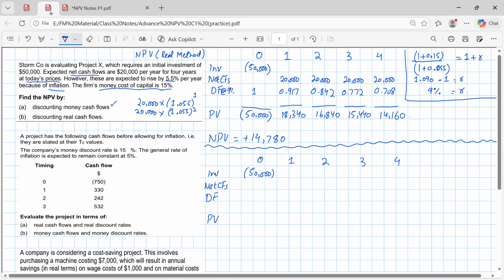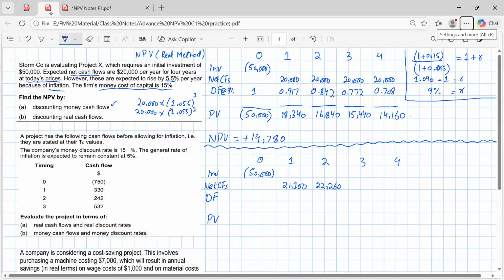So 20,000 times 1.055 is 21,100. Tell me for year 2. 20,000 multiplied by 1.055 power 2 is 22,260.